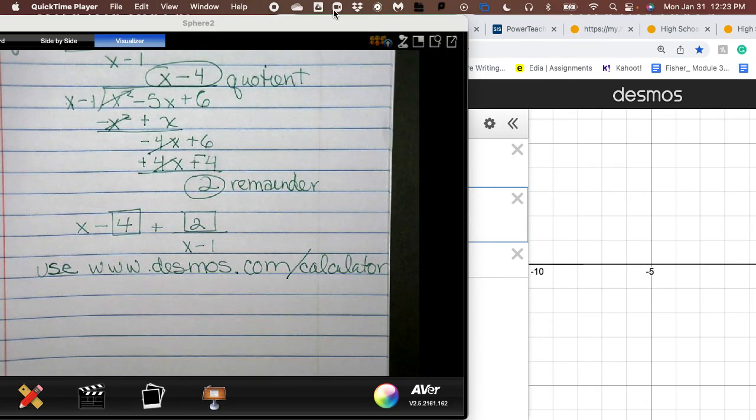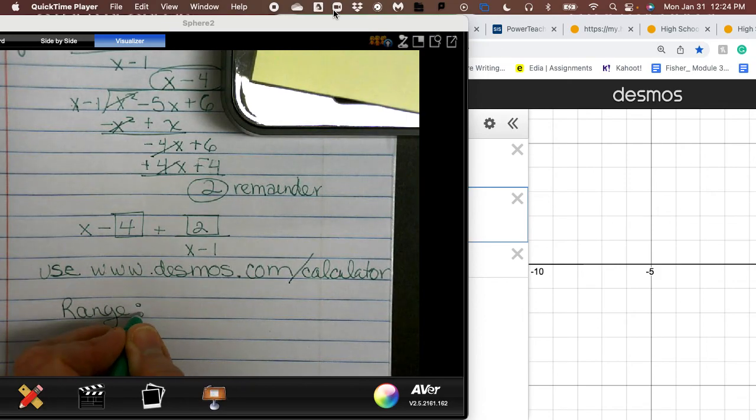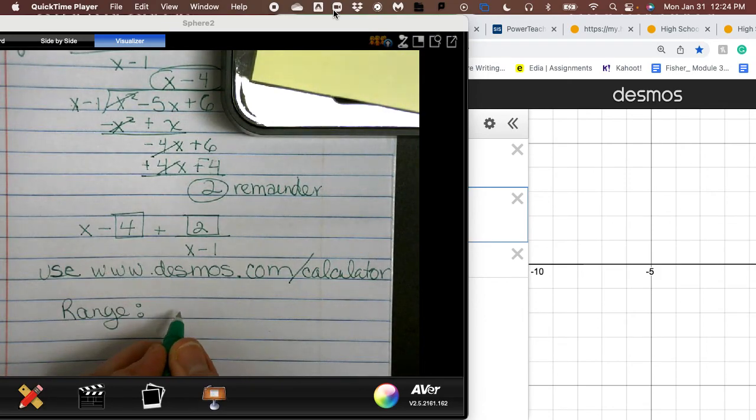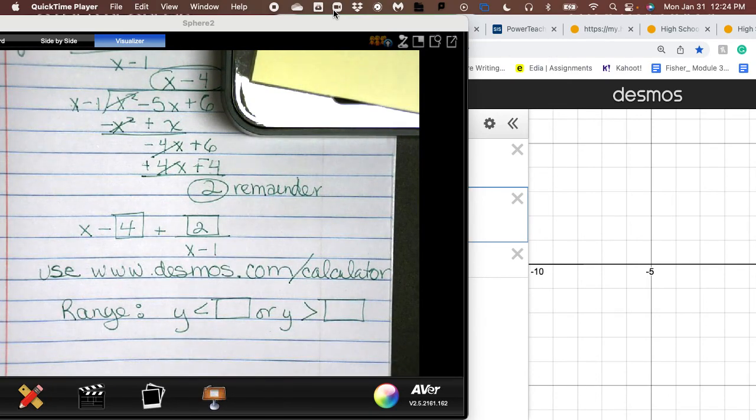That's where we're going to get our range numbers. We'll have them in inequalities, and we'll go from there.